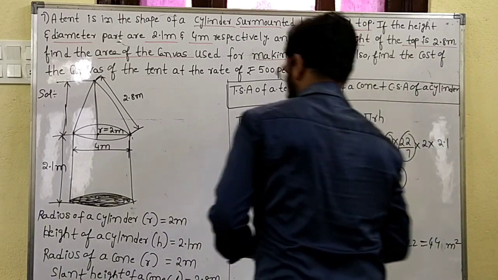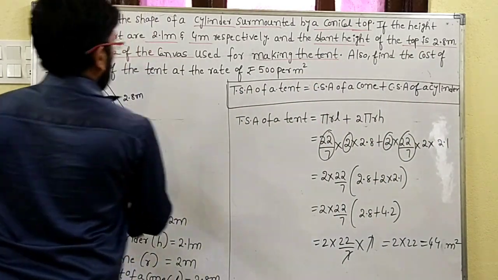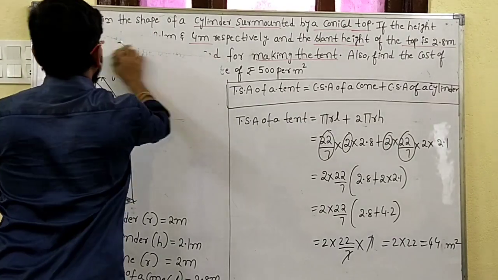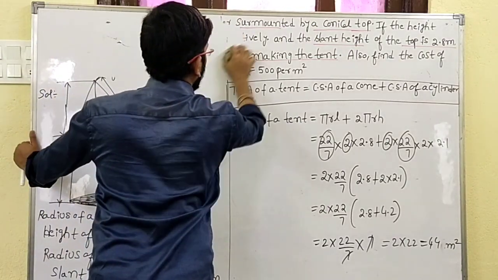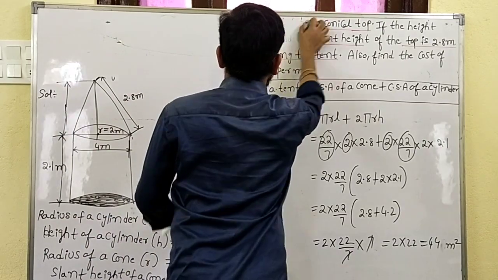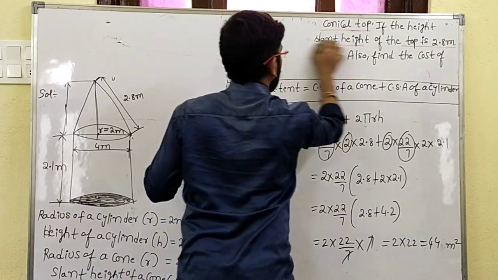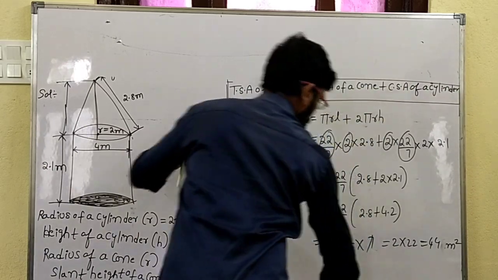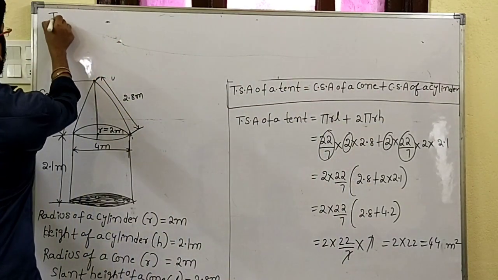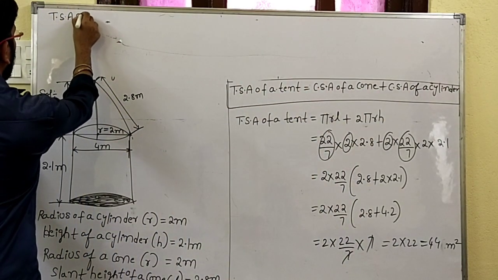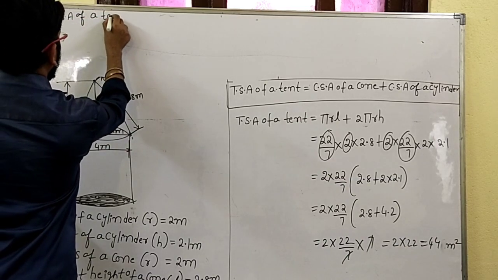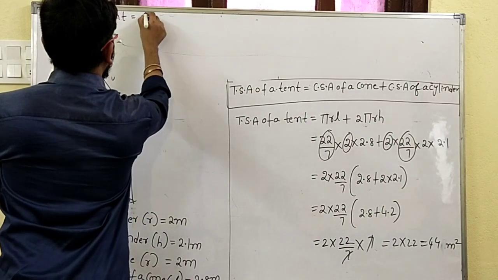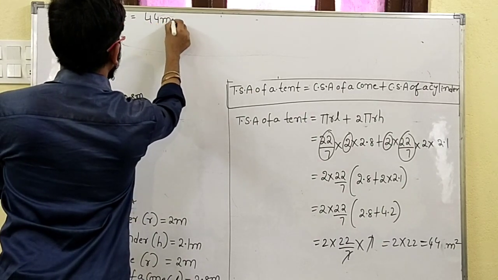So the TSA of the tent is 44 meters square.